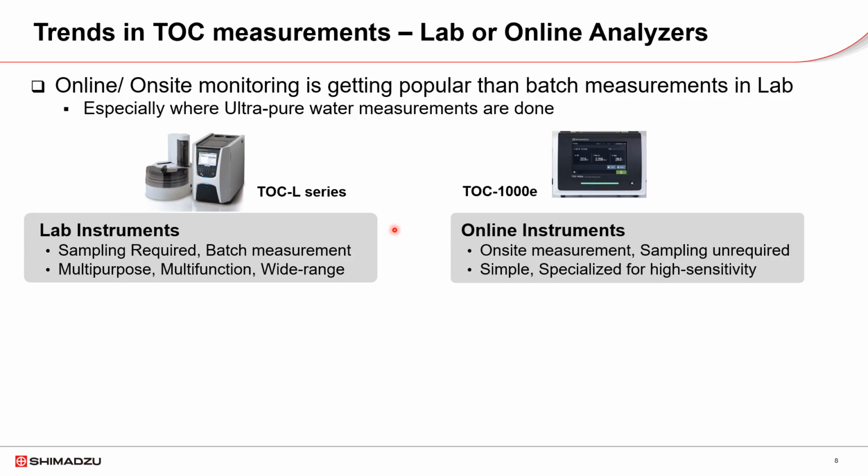Now, let's compare lab and online type TOC analyzers in a little more detail. Lab TOC instruments are used in laboratory settings that necessitate sampling and enable batch measurements. These instruments are designed to be versatile, multifunctional, and have a broad range of applications, whereas online instruments enable measurement to be conducted remotely without the need for physical sampling, and they offer a high level of sensitivity.